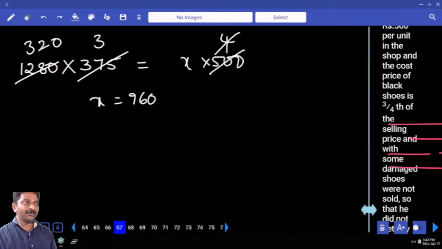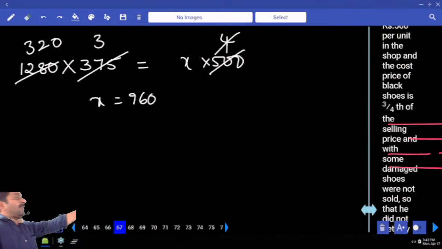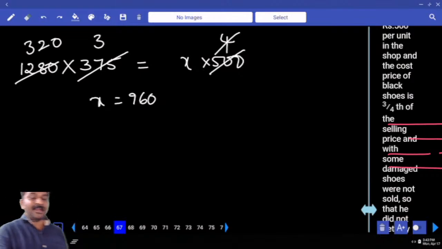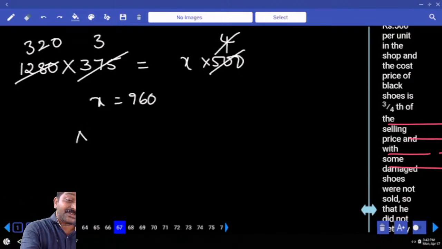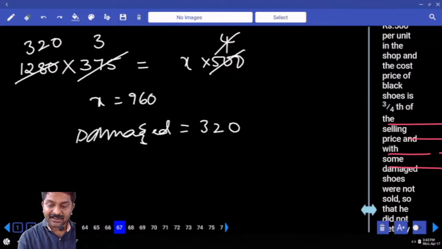X is 960. What was treated as X? The number of shoes that he is selling. Out of total 1280, if he is selling 960, how many are damaged? The difference only. Damaged items are 320.